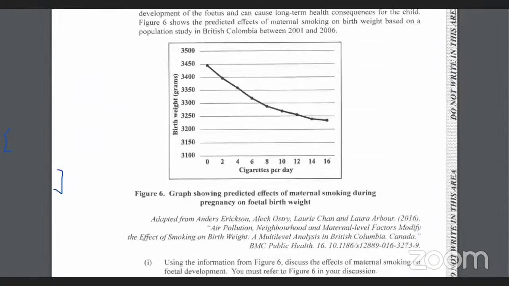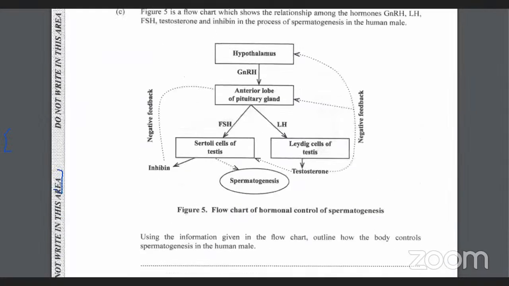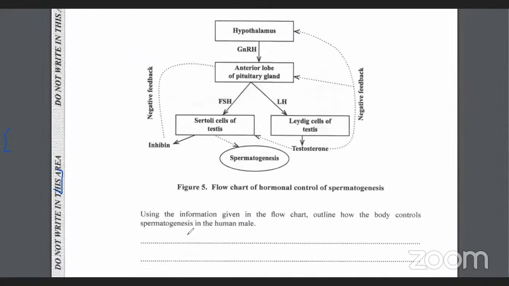This diagram here, this says use the information in the flowchart to outline how the body controls spermatogenesis. So starting from up here with the hypothalamus, GnRH, that is short for gonadotropin releasing hormone.